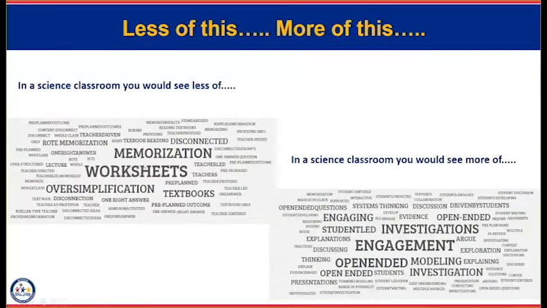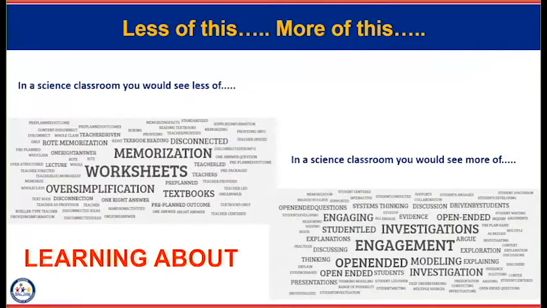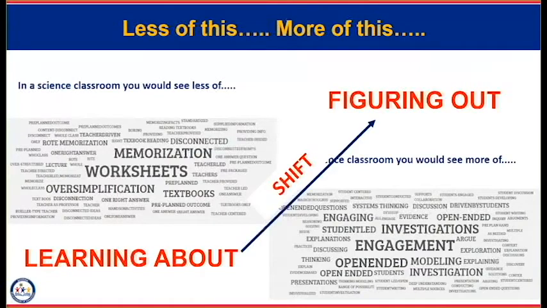Those are done now. So what we're going to move towards on the right here is students being engaged, investigating, modeling, explaining, exploring, arguing from evidence, and it's really driven by students. So what's really wonderful about our new standards is that we're really making this huge instructional shift from learning about to actually figuring out, and the students are going to be in that driver's seat.